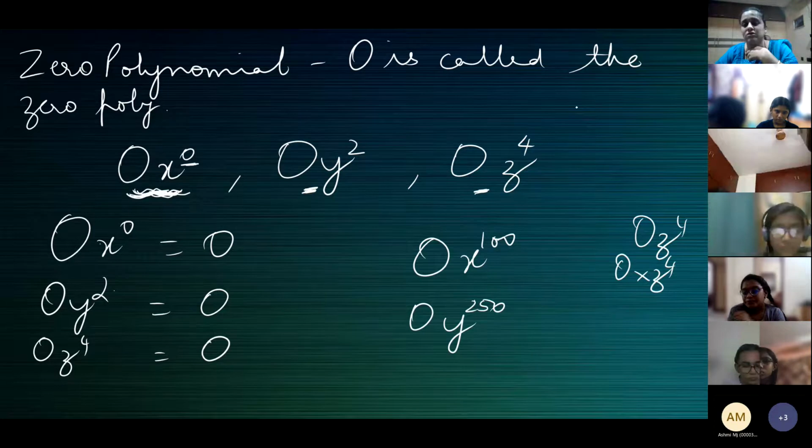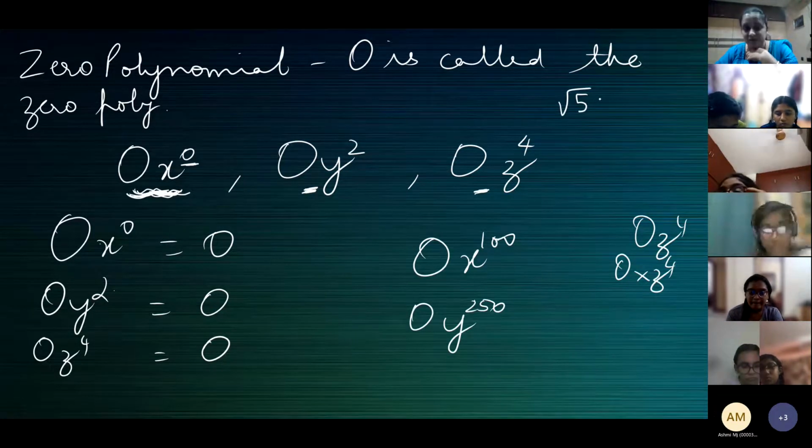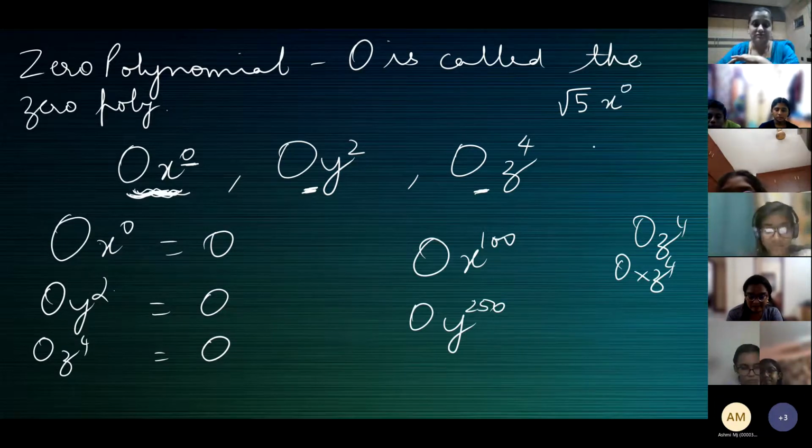Now, when we took up root 5, it can be expressed with any variable raised to the power 0 only. So the degree of a constant polynomial is 0. When we took the example of root 5, how did we come to that conclusion?